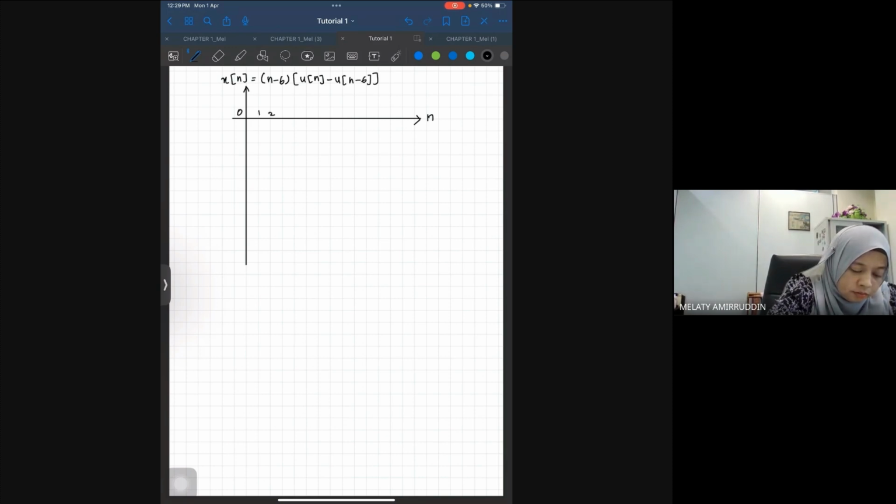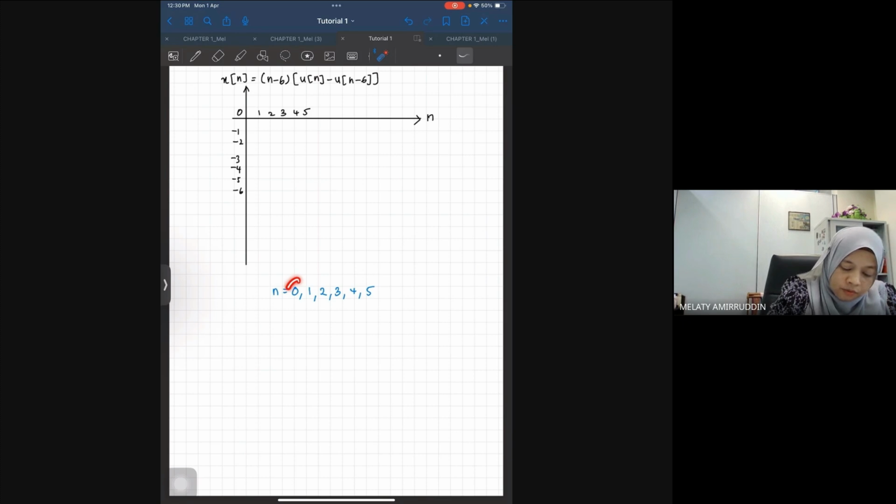0, 1, 2, 3, 4, 5, because our signal is only until 5. So negative 1, negative 2, negative 3, negative 4, negative 5, negative 6. So n here is 0, 1, 2, 3, 4, 5. Substitute one by one.